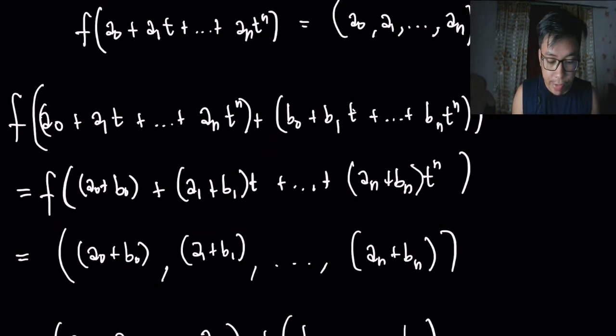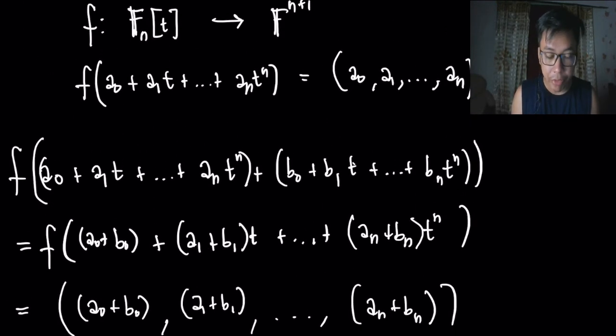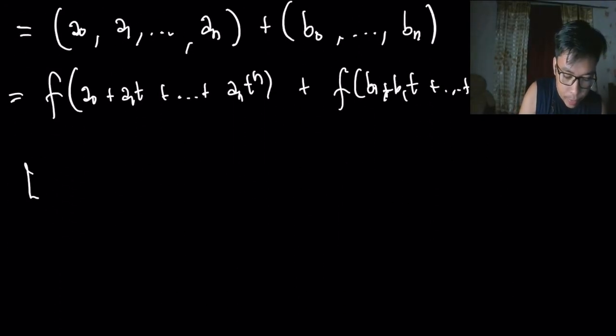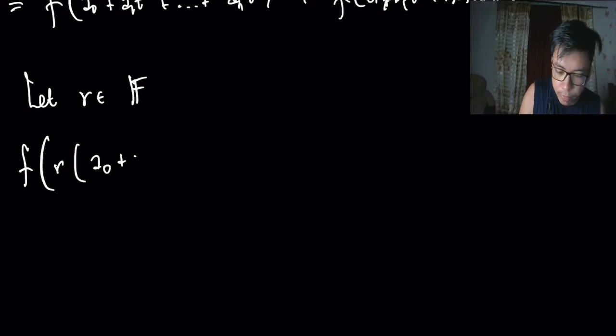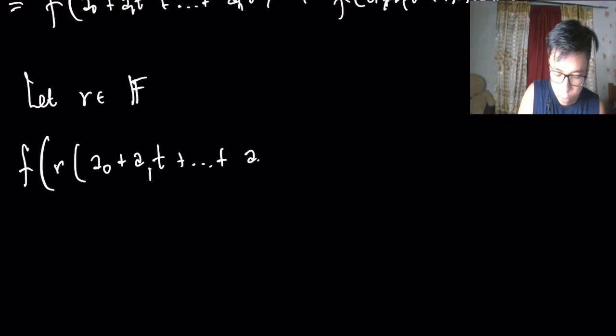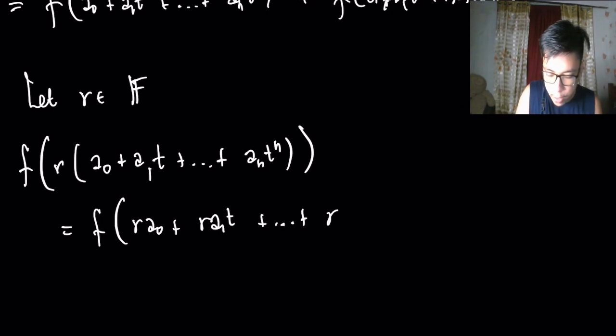We need to assume first a scalar which is coming from F. So let's assume that r is an element of F, and in this case I'm going to have f of r times this one. Remember, I have r a_0 + r a_1 t up until r a_n t^n.